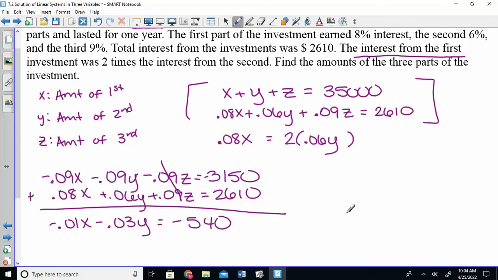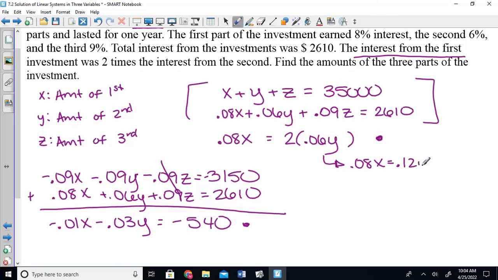What am I going to do with that? Take it times the bottom one, or the third one. Okay, so we have 2 options here. We can either do substitution or elimination with these 2. We have to use these 2 equations, right? It might be easiest on this one.